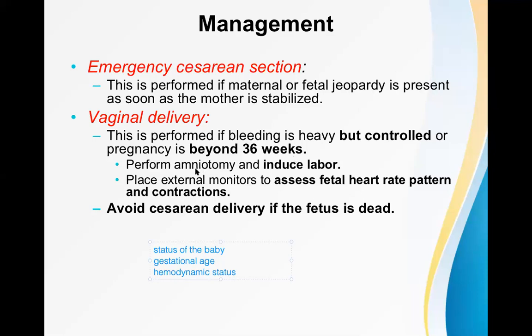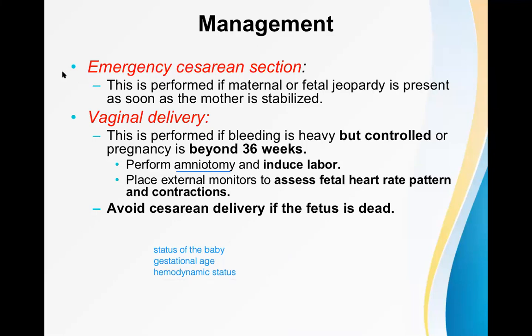Now, during this time, even if the lady is not in labor, you induce the labor by performing amniotomy. Amniotomy means you rupture the membrane by yourself. It is called artificial rupture of membrane. It is one of the ways of induction of the labor.